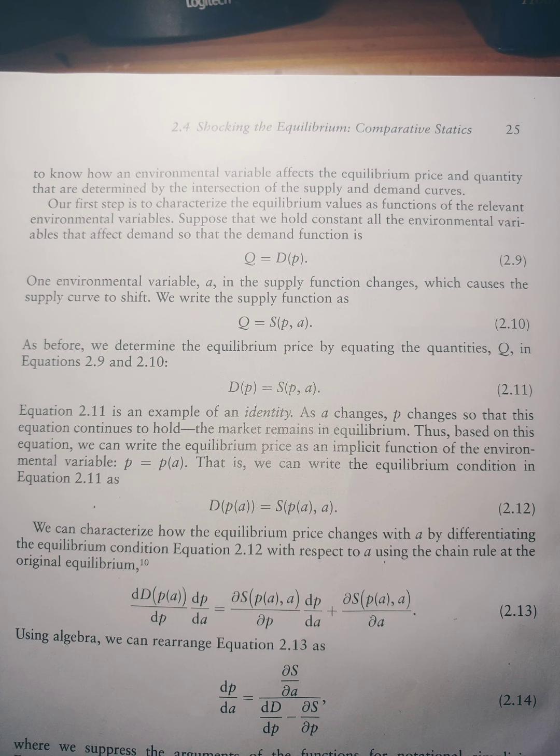We can characterize how the equilibrium price changes with A by differentiating the equilibrium condition, equation 2.12, with respect to A using the chain rule. The chain rule is a formula for the derivative of the composite of two functions such as f(g(x)).